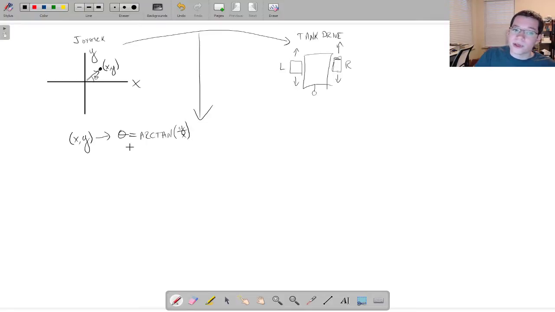But in programming, we have the option to use a function called atan2, which is arctangent with two arguments, and we'll put it in y, x. And so that'll return our angle with all of the signs working out nicely.